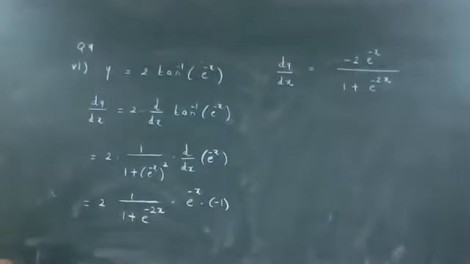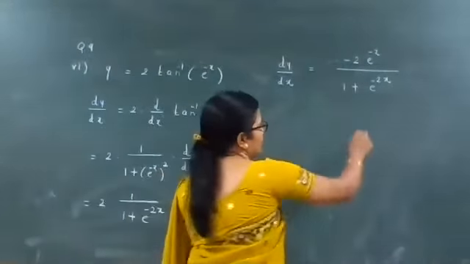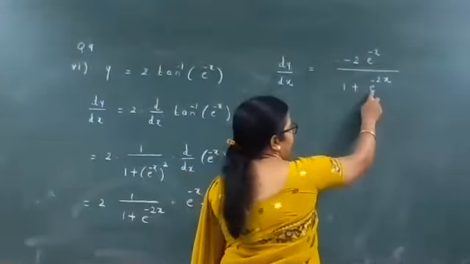Now see, I can simplify further. If I do not want the index of e as negative, I can change to positive index by multiplying numerator and denominator by e raised to 2x.